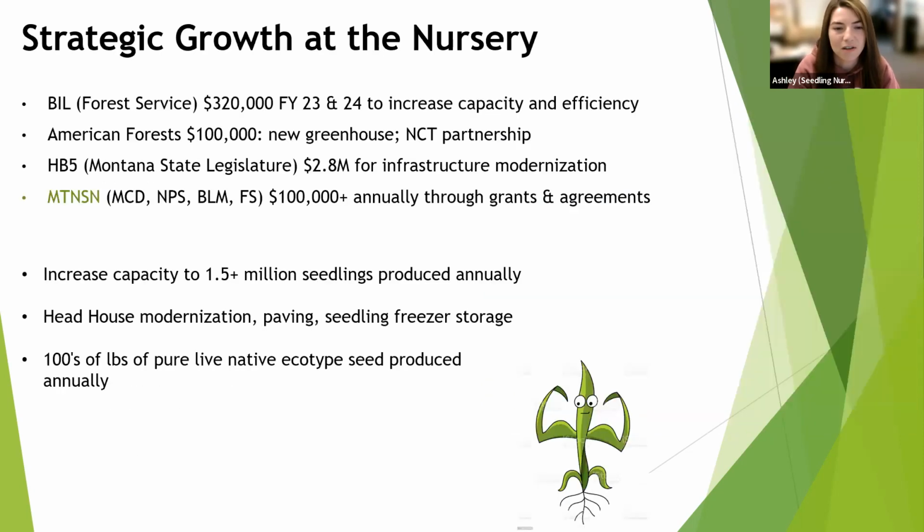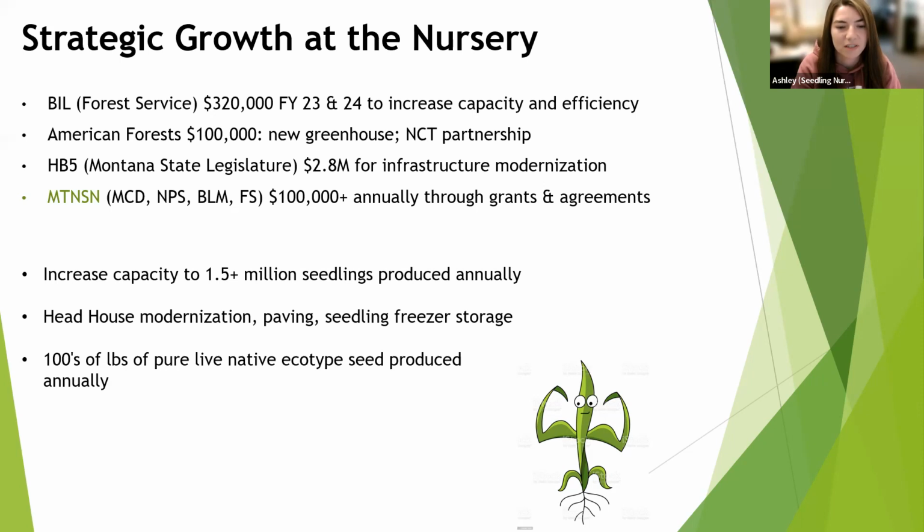Just to touch on where our funding comes from a little bit more in our strategic growth here at the nursery. We have applied for a variety of funding opportunities, and they have either been approved or we are still waiting to hear back on their approval. We have a goal of producing 1.5 million seedlings, and we would also like to update our infrastructure.